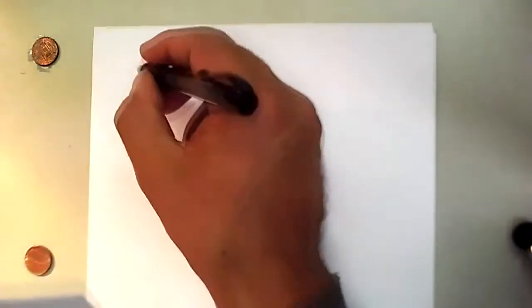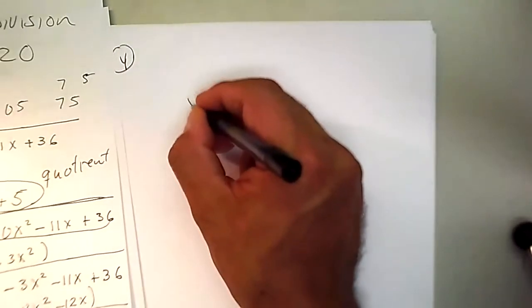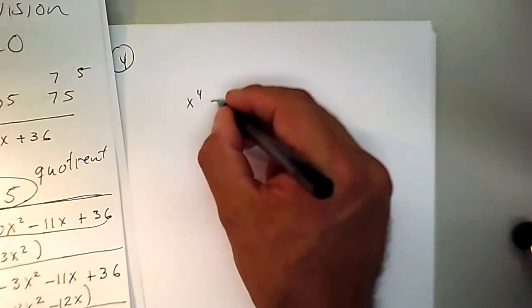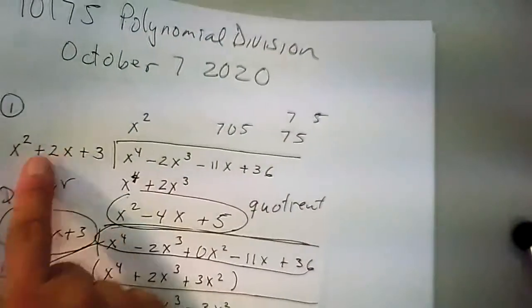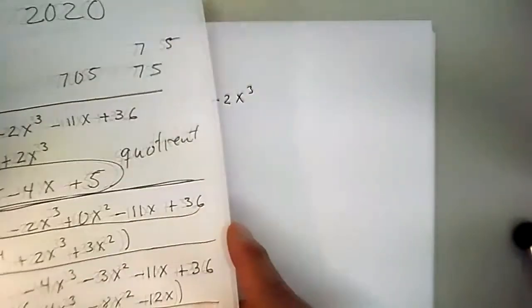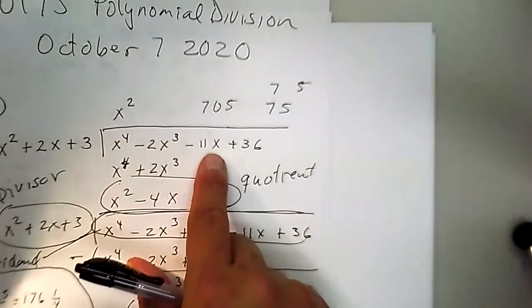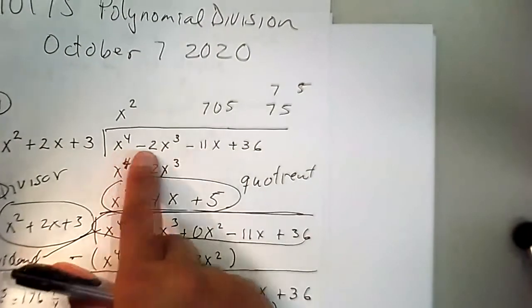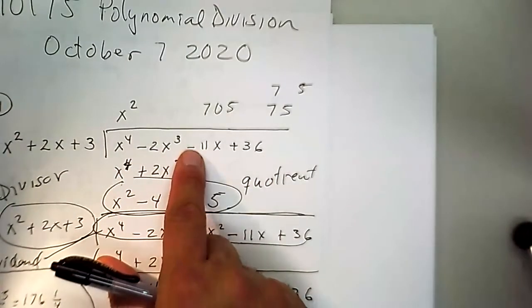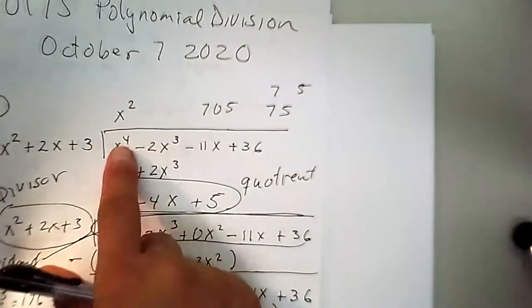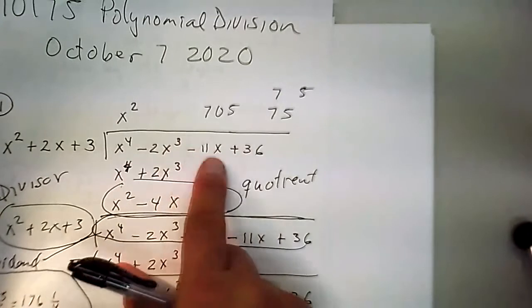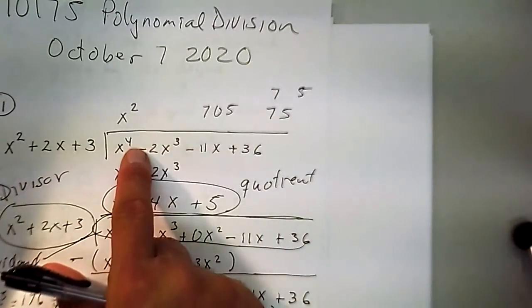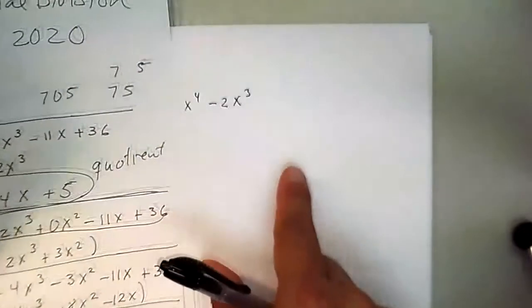Example 4. I'm going to start with the same polynomial, x to the 4 minus 2x cubed. What I'm going to change is the divisor in this new example 4. But remember, we are going to give you this without the x squared, perhaps, or with one missing. If one of the powers of x is missing after the biggest one, then fill it in with zeros.